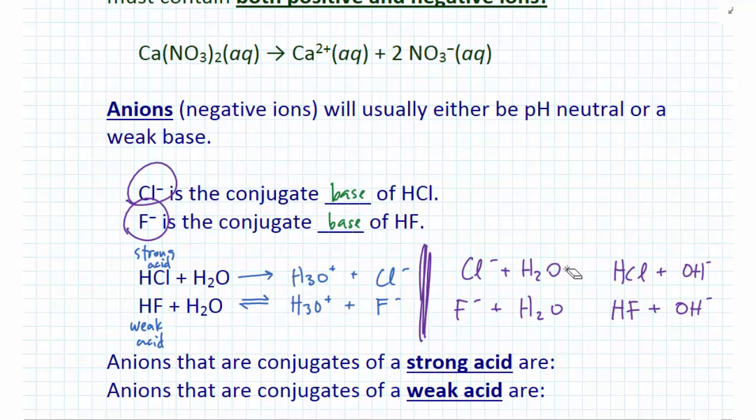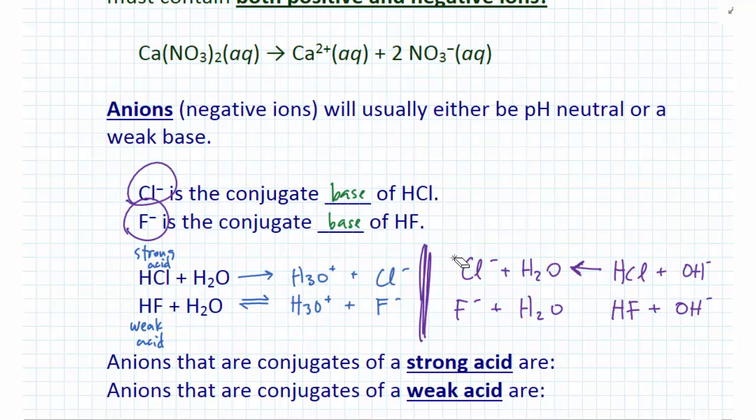Forward arrow, reverse arrow, equilibrium. Yeah, if anything, it would be like a reverse arrow. In other words, if you have chloride and water, it will just be chloride and water. Okay? If you have HCl and hydroxide, that will make chloride and water.